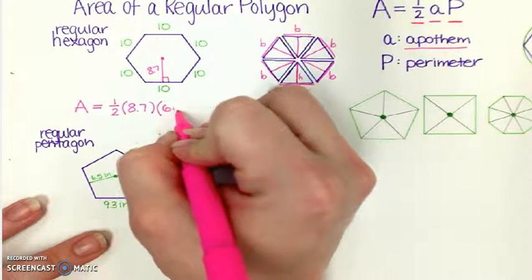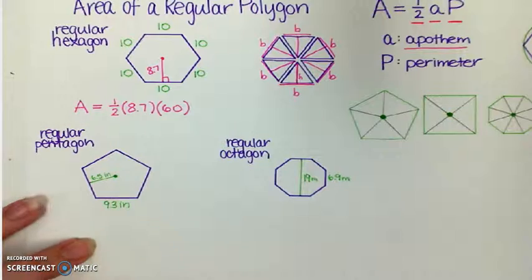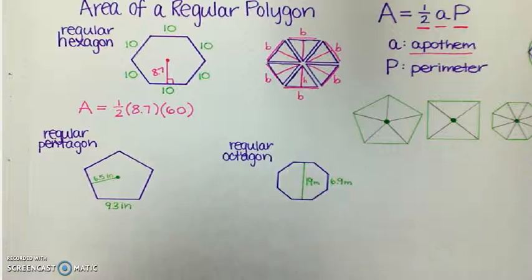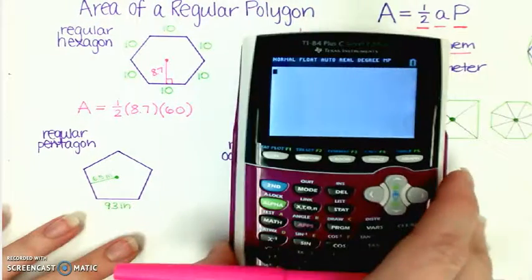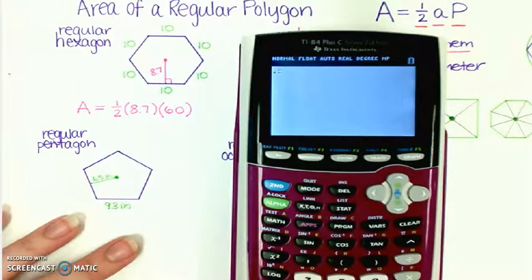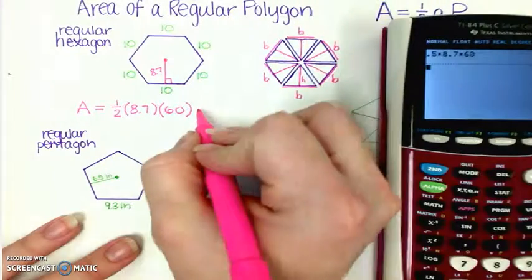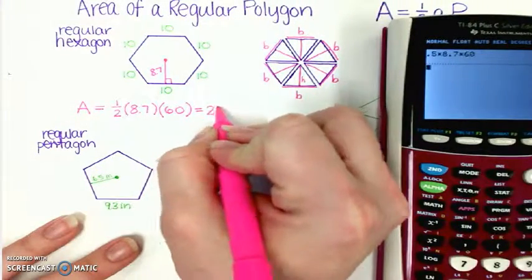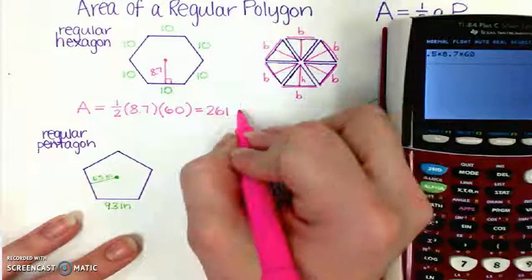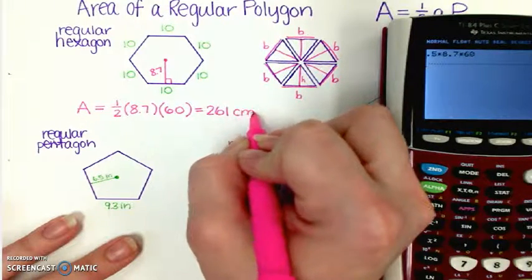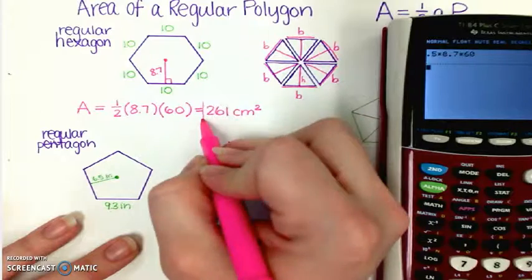The total perimeter would be 60. And then we could just calculate that. So I'm going to do 0.5 times 8.7 times 60. 261. And if those lengths were measured in centimeters, square centimeters would be our unit.